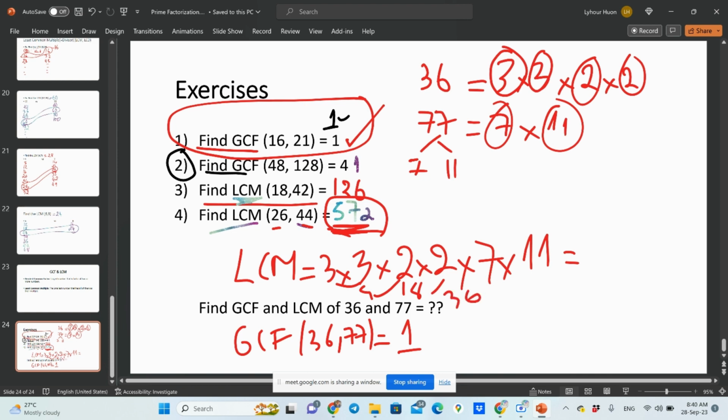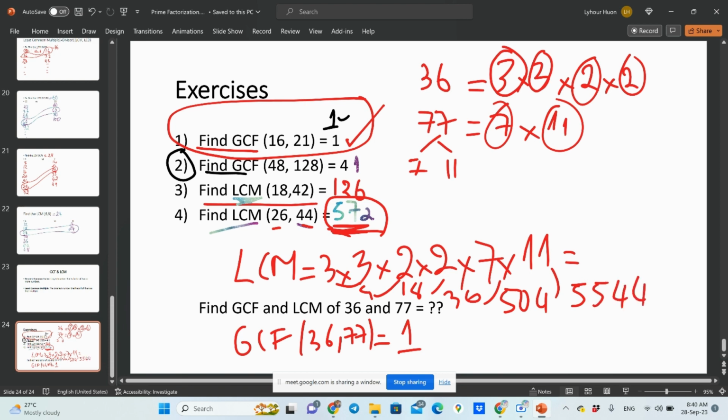Times 7 would be 252... so 36 times 7 would be 252, hmm, let me keep track. 36 times 7 is 252, times 2 would be... Anyway, the result is 5,544.